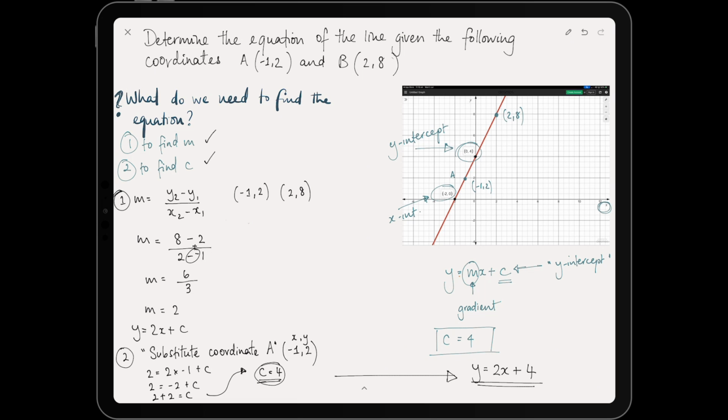One of the key things I would recommend that you take care to notice is whether the gradient is positive or negative. Looking at the graph here, we can definitely tell that this is a positive gradient because it is going in the positive direction. So just take care to notice positives and negatives where possible.